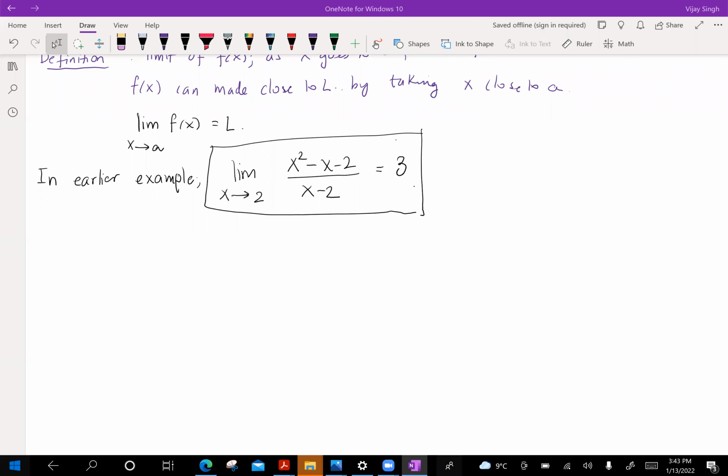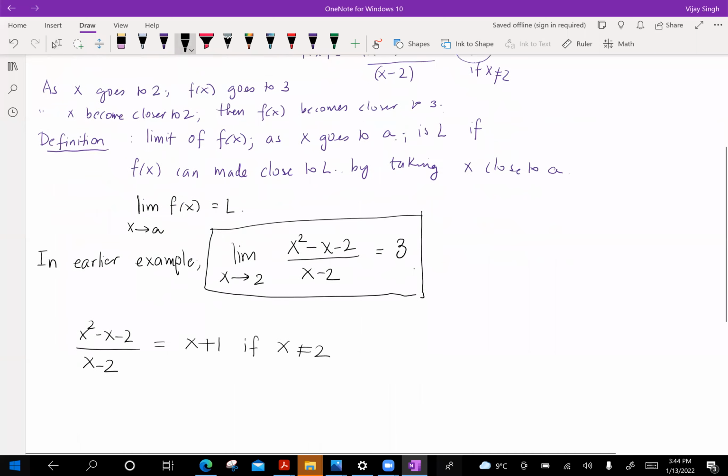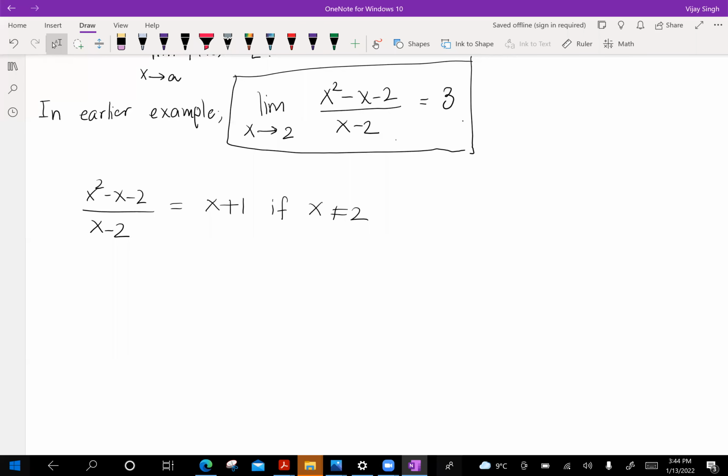So let's investigate this same problem from a graphical perspective. So how do I do this? Let me say x squared minus x minus 2 upon x minus 2 is basically the same as x plus 1 if x is not 2, right? Basically, after cancellation and simplification, as we saw here. So let's draw this function. x plus 1 is a line, so we need only 2 points to draw it properly, except at 2, right?